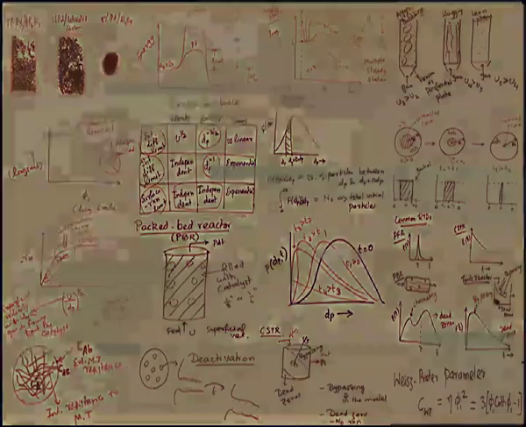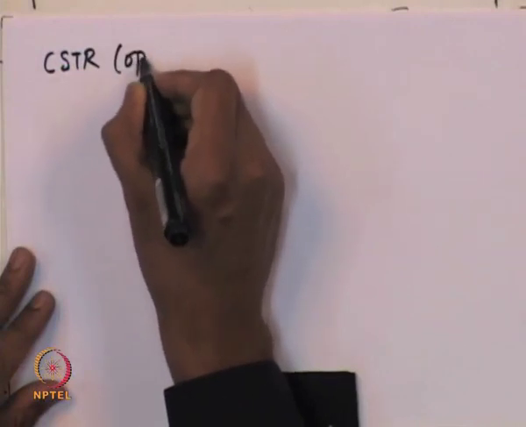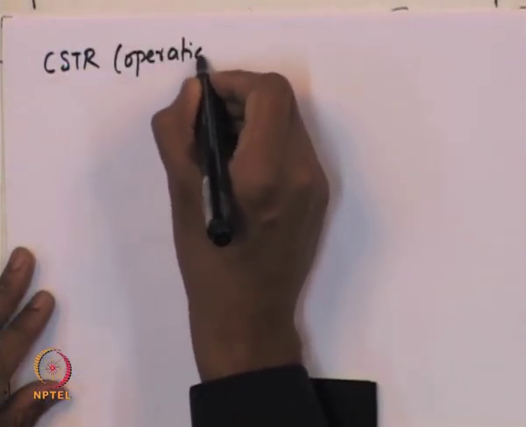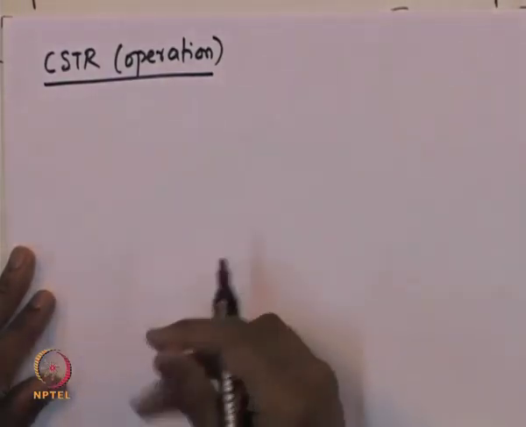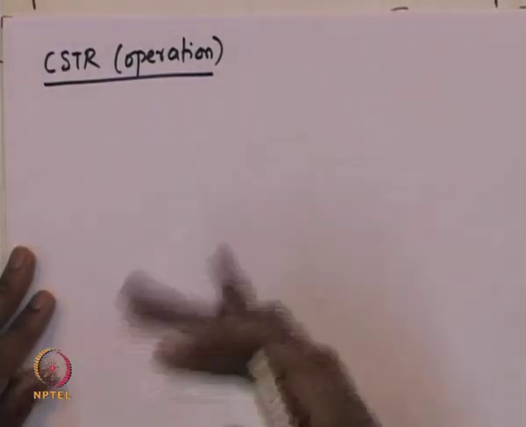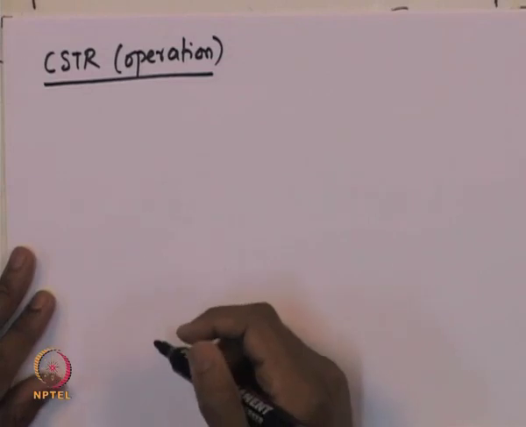So, let us now look at the operation of CSTR. Let us consider CSTR and look at the various types of operations, how it can be operated, and what the distribution curves are for each of these situations.